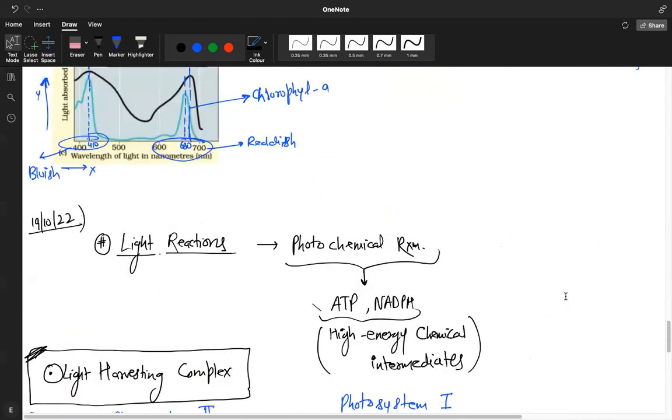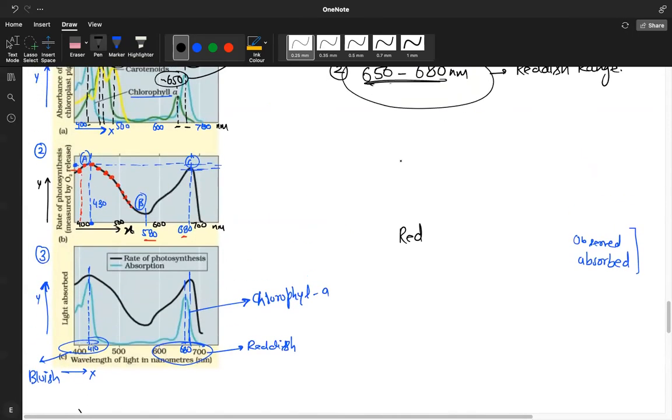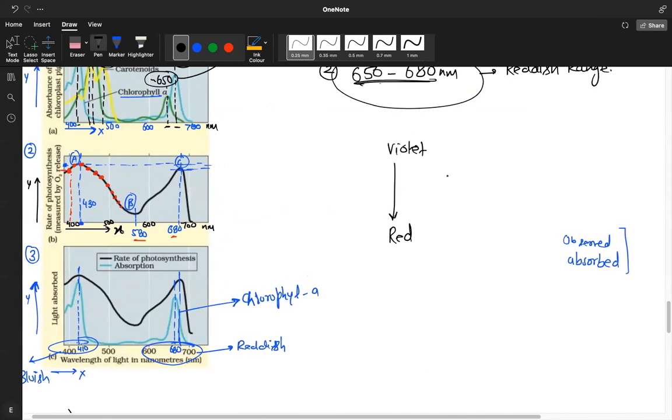And in the last class, we figured out the wavelength of light in nanometers. So red light has a wavelength around 700. So this is increasing wavelength. If we go from violet to red, what happens to wavelength? Wavelength increases, right? So lambda increases from violet to red. But what will happen to energy?